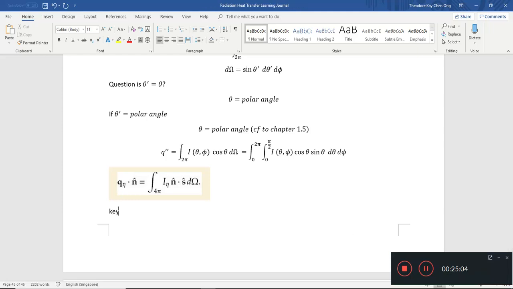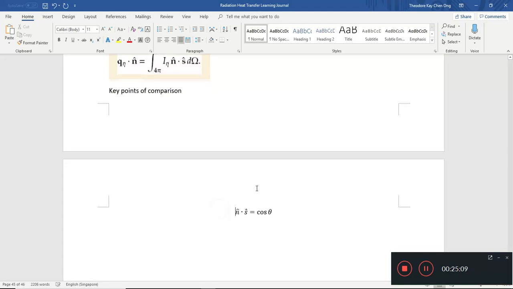Key points of comparison. One is that n hat dot s hat is cosine theta. Two, they integrate over 4 pi rather than 2 pi.